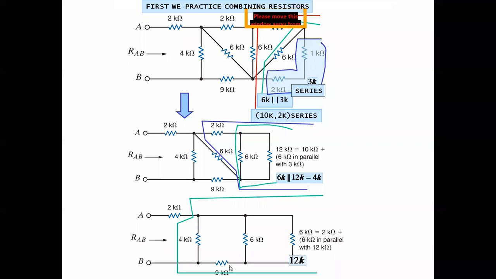Again, this 12 kilo ohm will come in parallel with 4 kilo ohm. After calculation, it becomes 3 kilo ohm, and then by adding 3 kilo ohm and 2 kilo ohm, your resultant answer will be 5 kilo ohm, the total resistance.